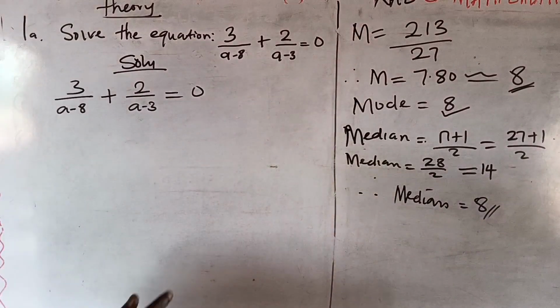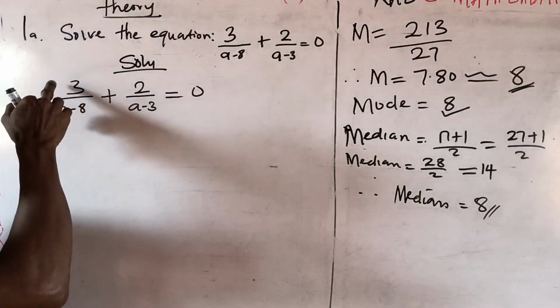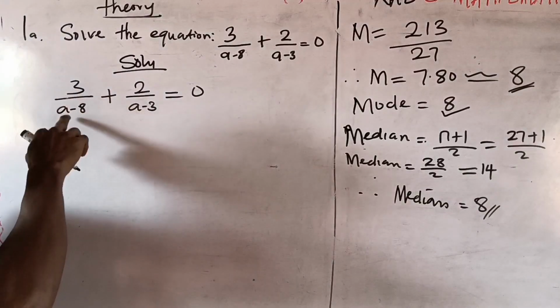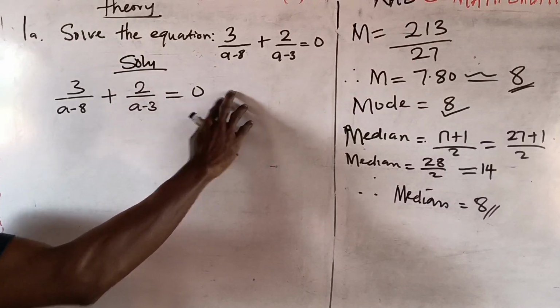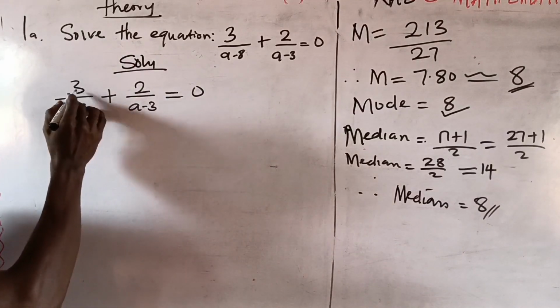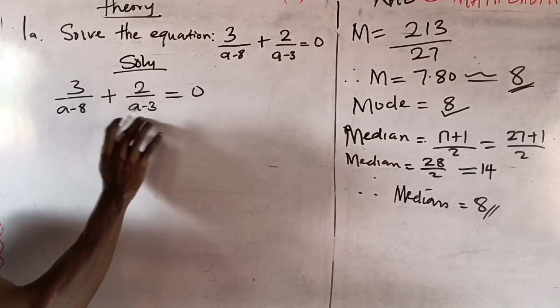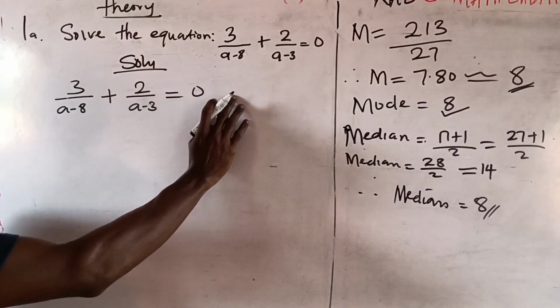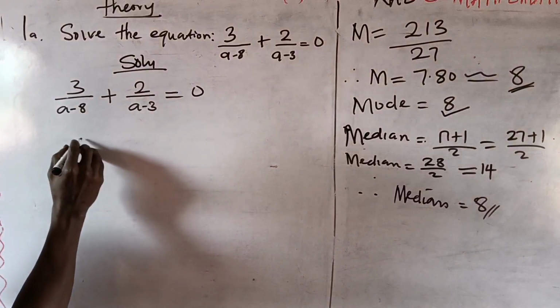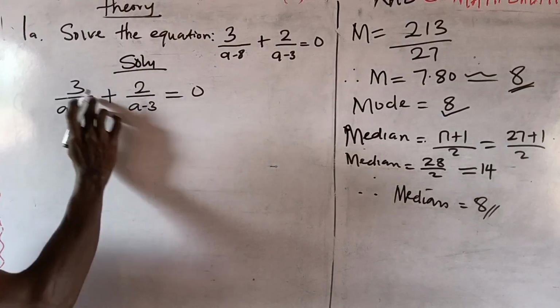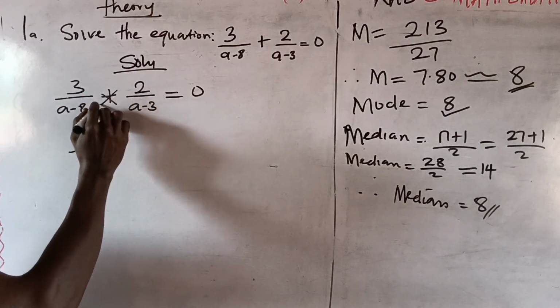To eliminate the fraction, we are going to multiply this one by this, while this one by this, then the 2 by this. We are multiplying this by this, then the 2 by this, in order to eliminate the fraction. So we have 3, you cross multiply.